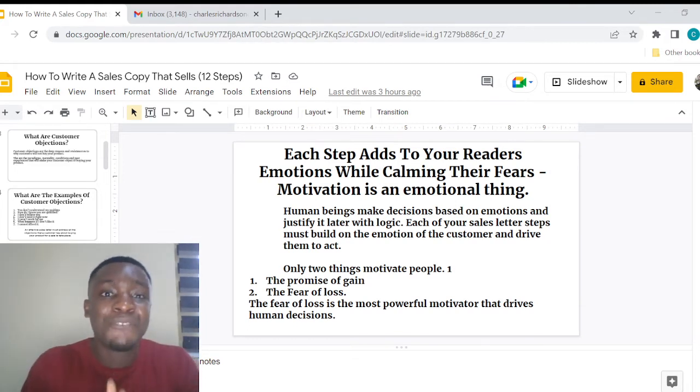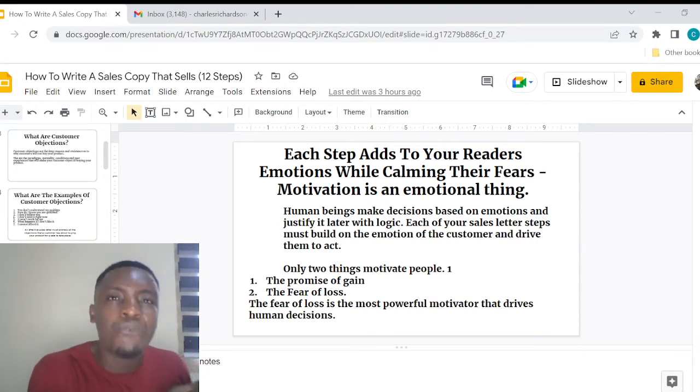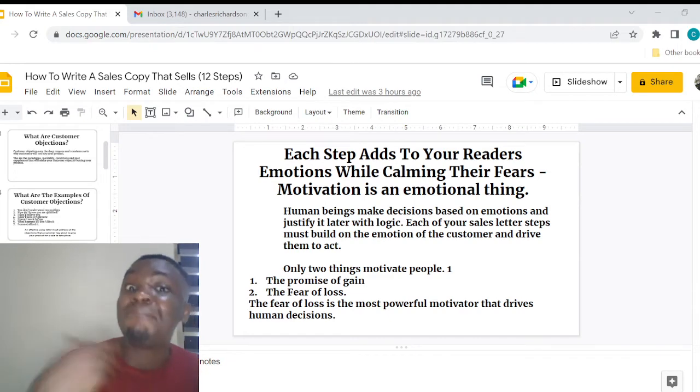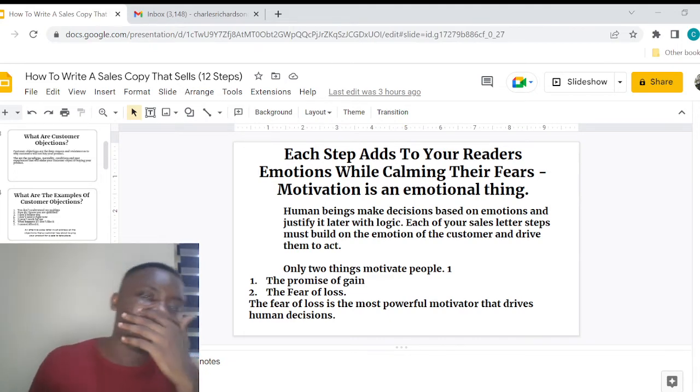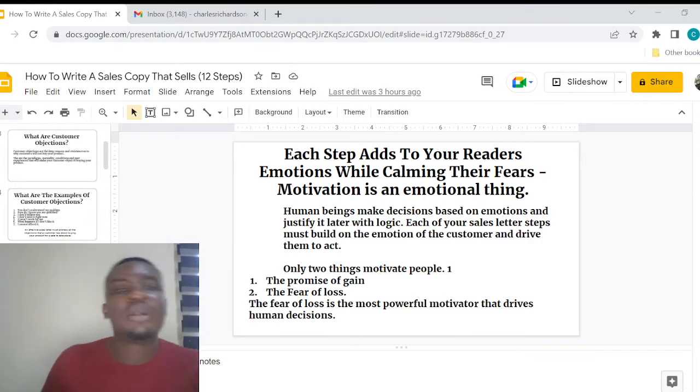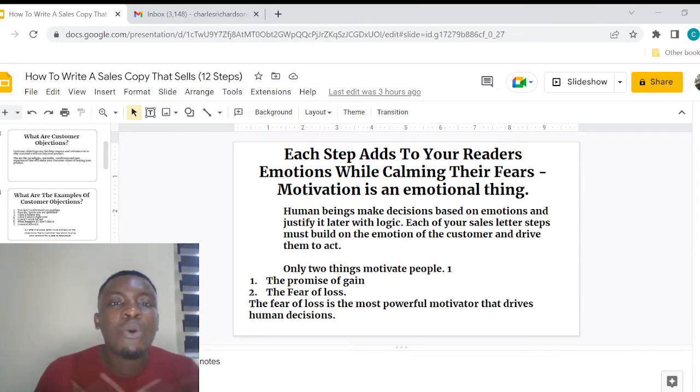Now, the promise of gain is one of the strongest motivators. And then number two, the fear of loss is one of the most powerful motivators. In fact, it is even more powerful than the promise of gain. Now, let me tell you this thing. What if your mom is having, God forbid, breast cancer, and then you are watching her in pain every day?